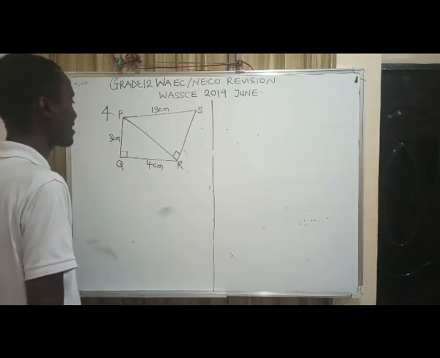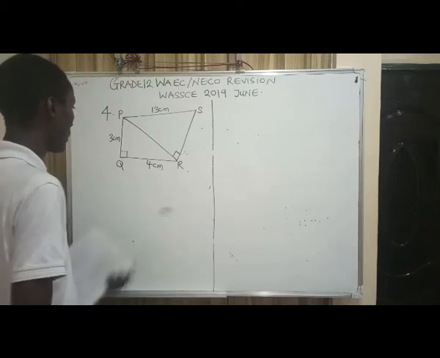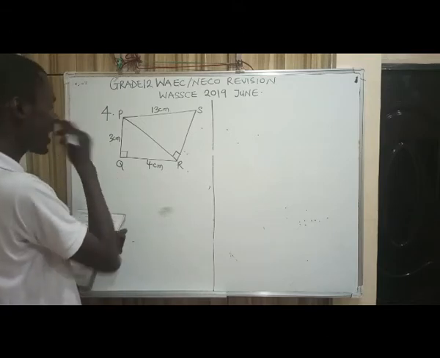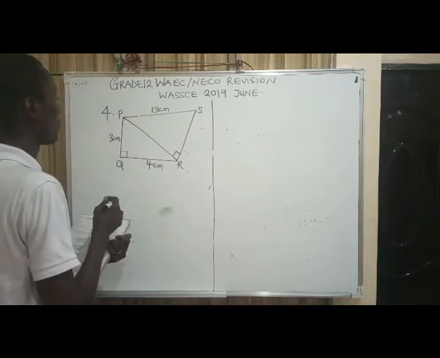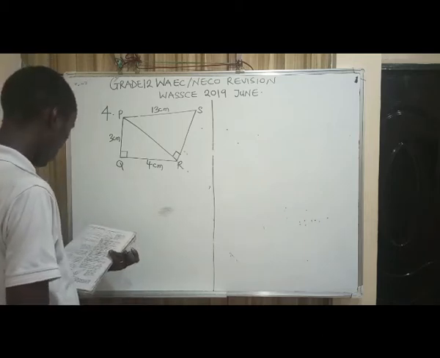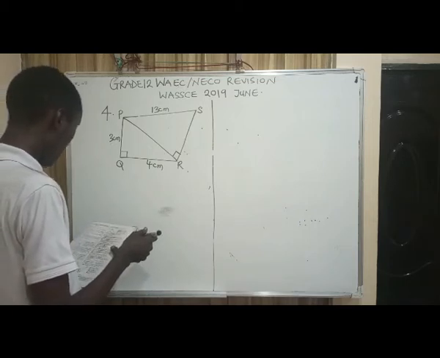Find the area of the quadrilateral. Okay, fine. Now, to find the area, we need to have what is called the base. Area is what? Base times what? Base times height.